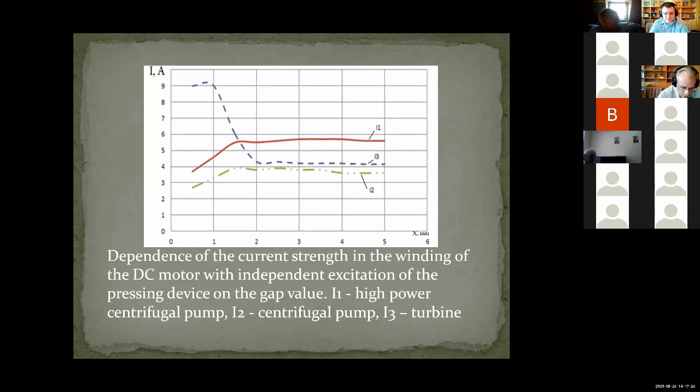As can be seen from the result obtained in this figure, the lowest energy consumption by a robot with a centrifugal pump corresponds to a gap variation range from 0.5 millimeter to 1 millimeter. The energy consumption for driving the turbine in the second type of robot showed a minimum current value with a gap of 2 millimeters to 5 millimeters.